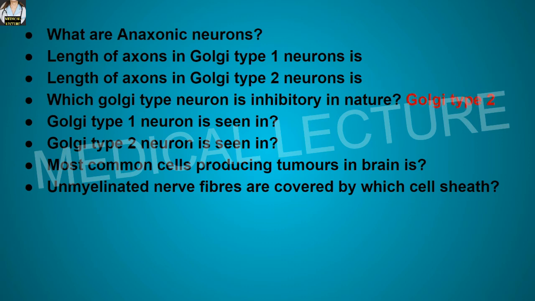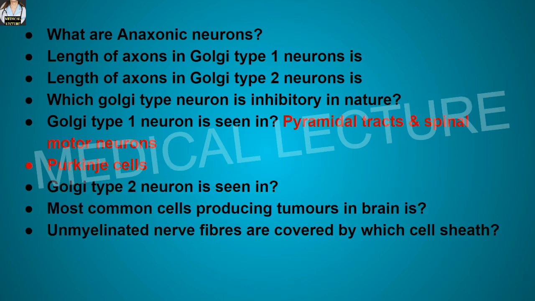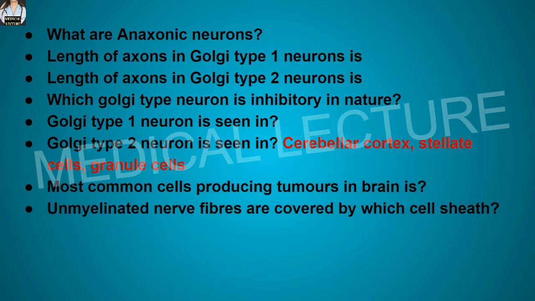The Golgi type 2 neurons are inhibitory in nature. Golgi type 1 neurons are seen in the pyramidal tracts, the spinal motor neurons, and also in the Purkinje cells. Golgi type 2 neurons are seen in the cerebellar cortex, stellate cells and granule cells.